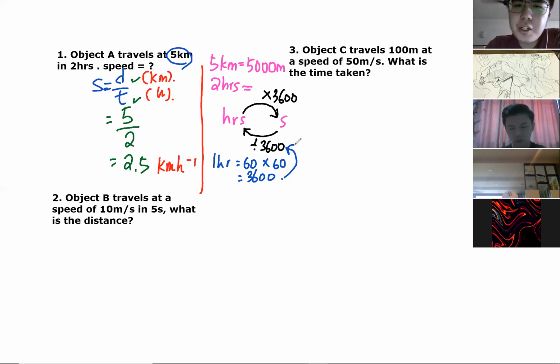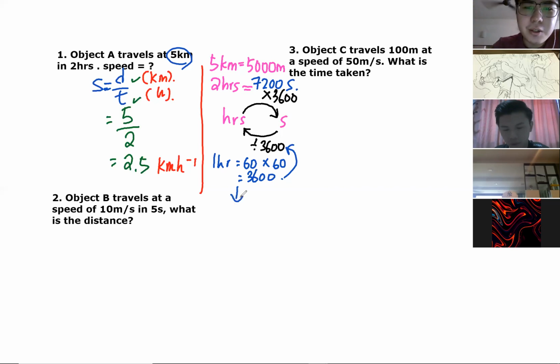So 2 hours changed to seconds is 2 times 3,600, which equals 7,200. So 7,200 in seconds. Only then do you put it in the formula.